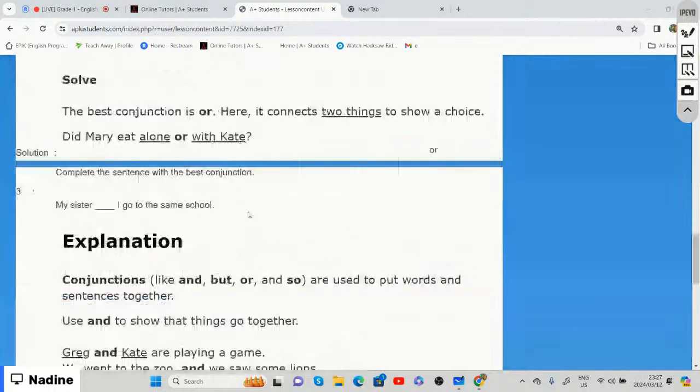And then if we look at the next one, it says complete the sentence with the best conjunction. My sister, I go to the same school. What is the conjunction that we are going to be using within that sentence? My sister, I go to the same school.